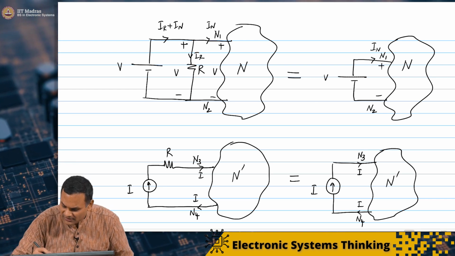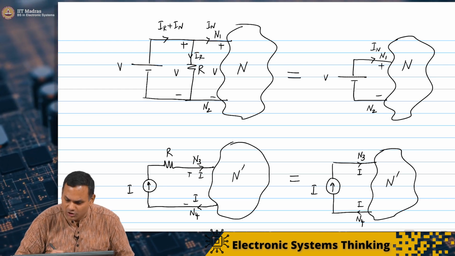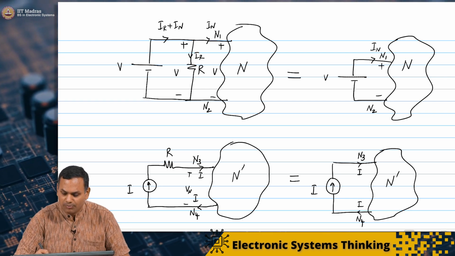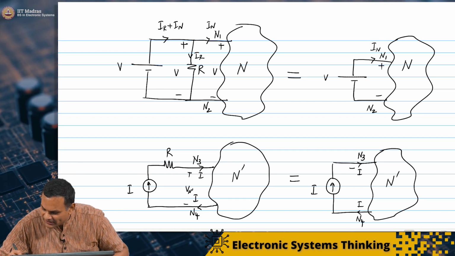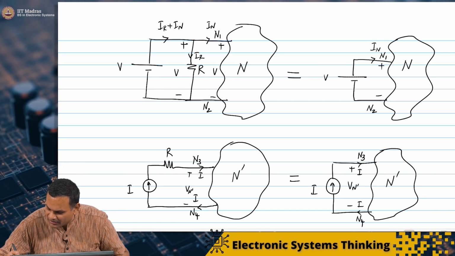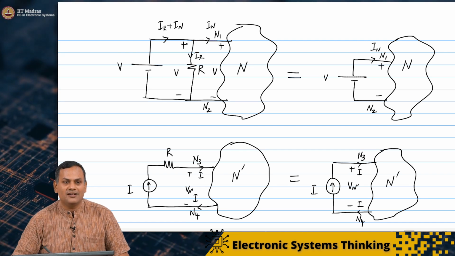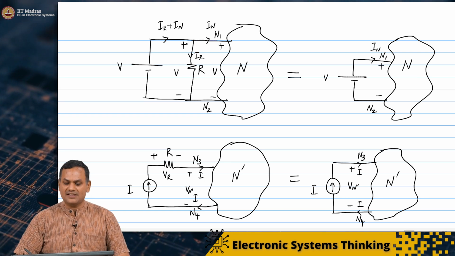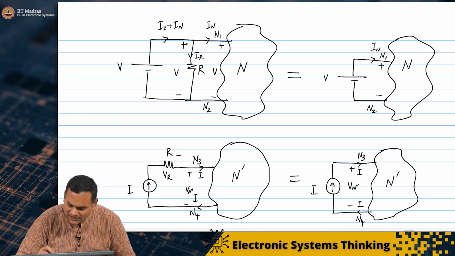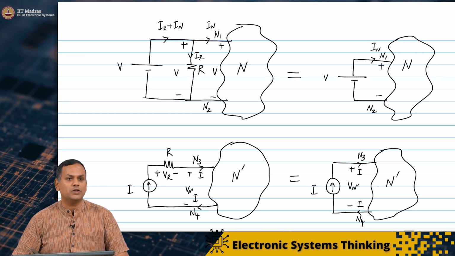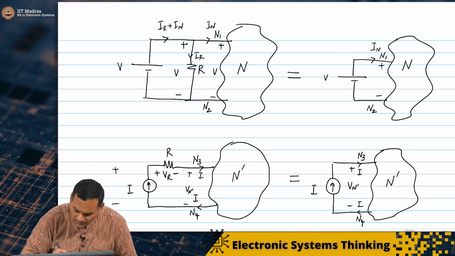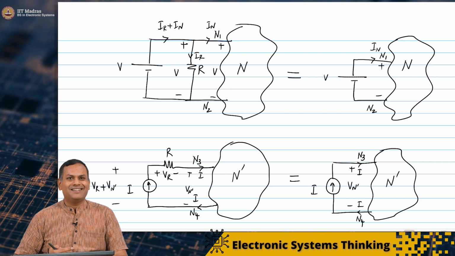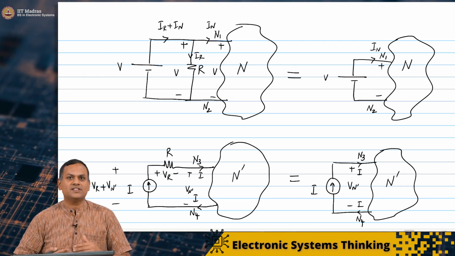You can now imagine that if there was a voltage drop, I will call it Vn prime, you will of course have the same voltage drop Vn prime here, but in the first case you had a voltage drop Vr across the resistor, and the sum of those two voltage drops will now appear across the current source. But remember that we are talking about ideal voltage sources and ideal current sources here.